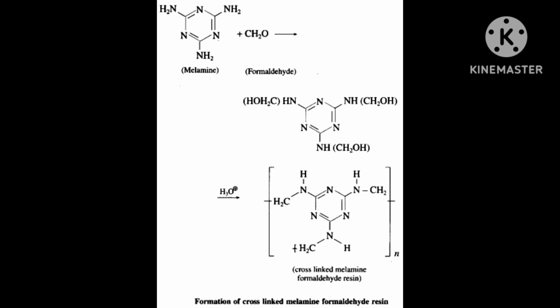Then now we will tell how. I told you that this will form in the beginning. You have seen that at the ortho position CH2OH was there, at the para position also CH2OH was there, and again at the 6th carbon CH2OH is there.